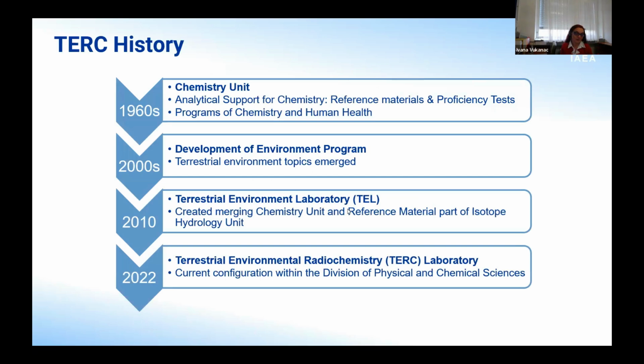The laboratory has a long history, and since the 1960s, when it was a chemistry unit, it has been growing continuously in terms of activities, expertise, and quality of performed work. Since 2022, the name of the lab is, like I said, Terrestrial Environmental Radiochemistry Laboratory, and we are part of the Division of Physical and Chemical Sciences of the Department of Nuclear Science and Applications here in the agency.